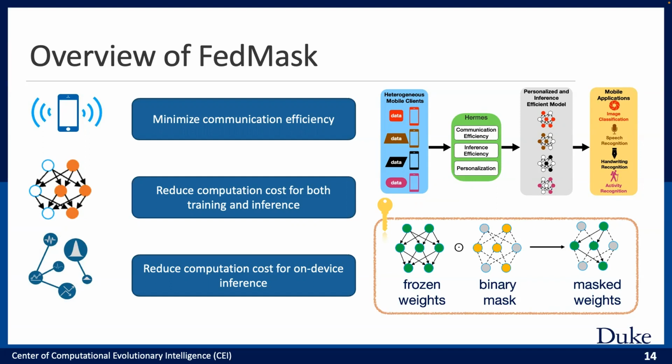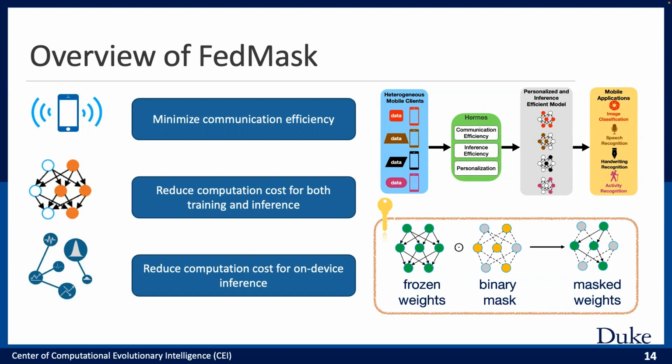So you can consider this a more upgraded lottery ticket, where the product of the mask and the original model is considered the new lottery ticket. But we don't transfer the lottery ticket, we transfer only the mask. And the mask is binary, so basically we only transfer 0 and 1 between the nodes and the server.